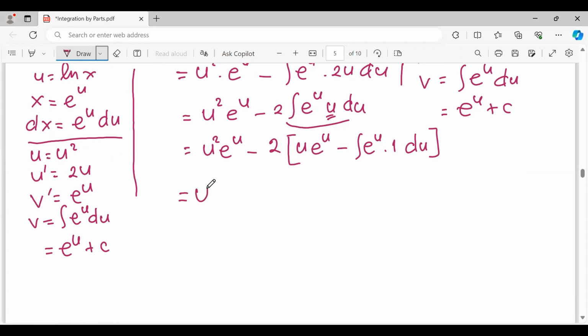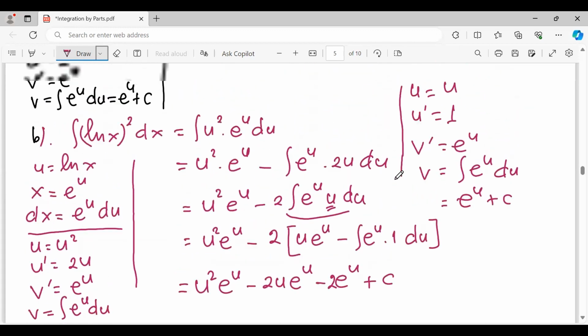Becomes u squared e power u minus 2u e power u minus, still e power u, or times 2 here, plus c.